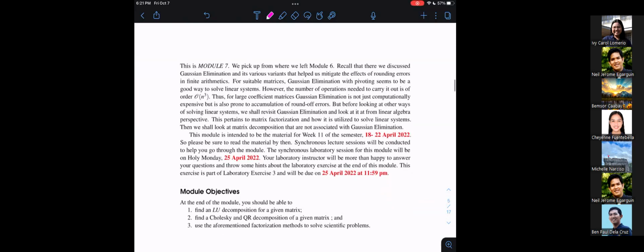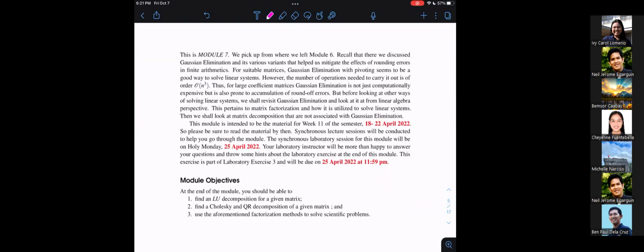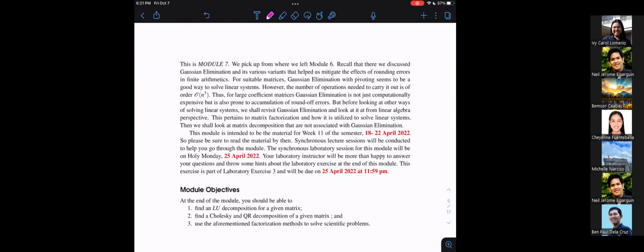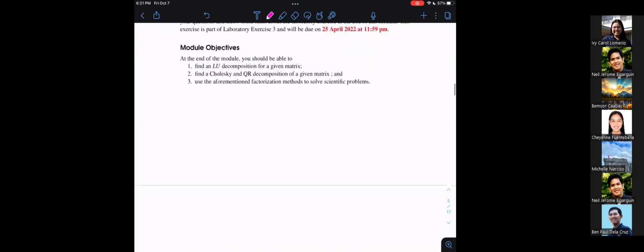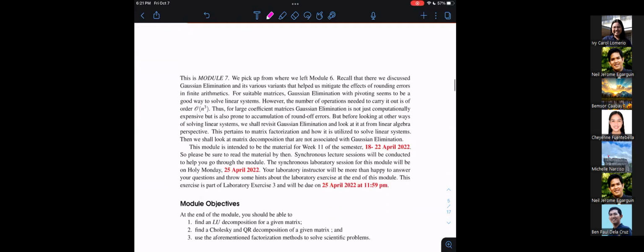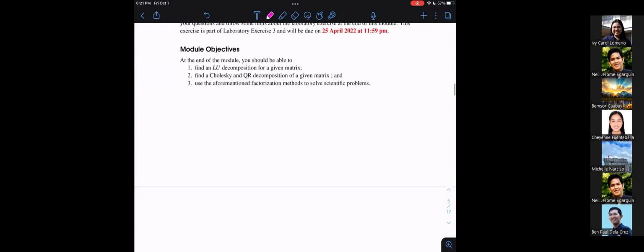Okay. So the first PDF file that I shared with you in the class site is basically module number 7 in my Math 175 class last semester. So please ignore this first page; it's just a description of the class schedule and the objectives for the module.